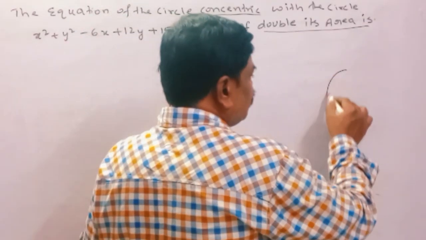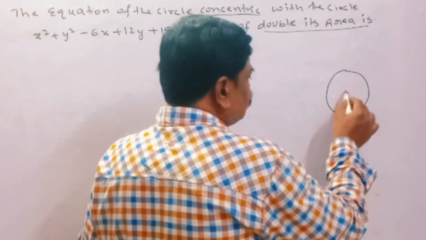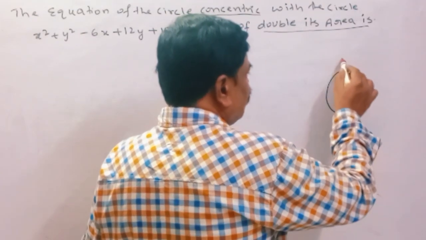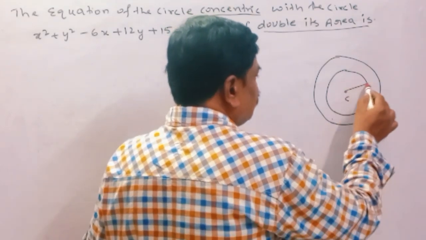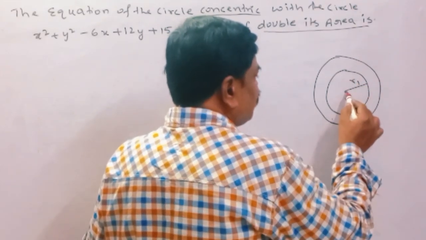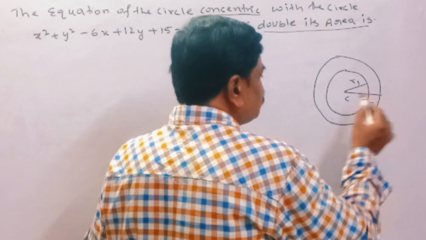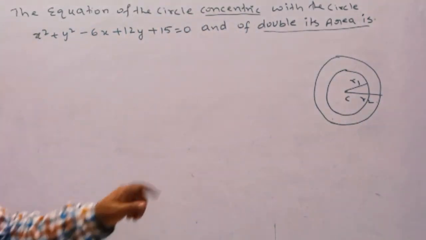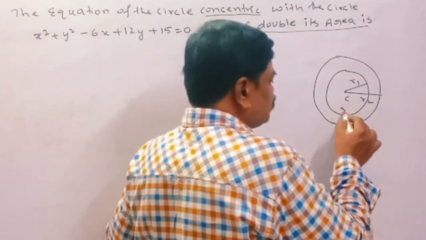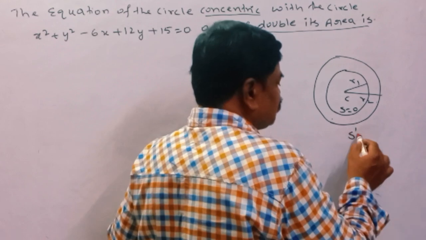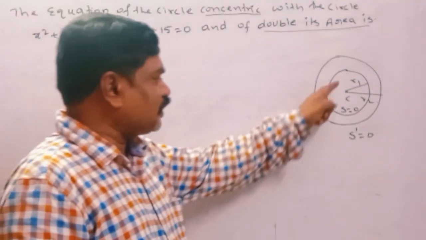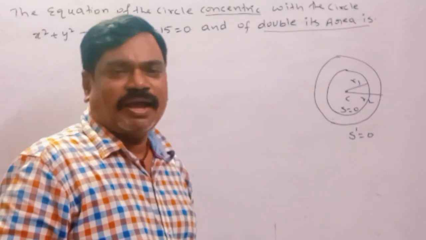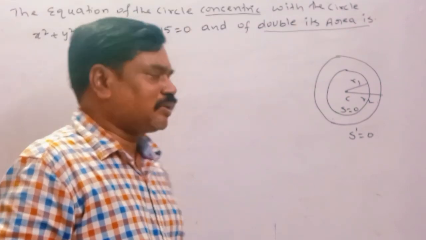So you see, this is the circle with center C, and this is also the circle with center C, where this one's radius is R1 and this one's radius is R2. This is S equal to 0 and this is S dash equal to 0. These two circles we call concentric circles.